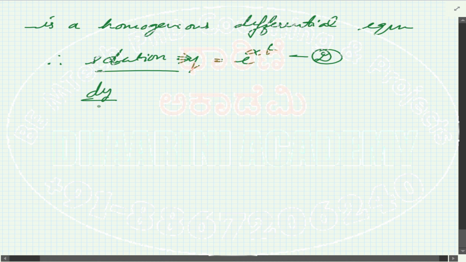So I need dy by dt, which is equal to alpha e to the alpha t, and also d square y by dt square, which is alpha into alpha, that is alpha square e to the power alpha t.